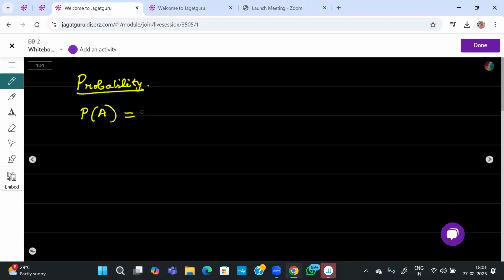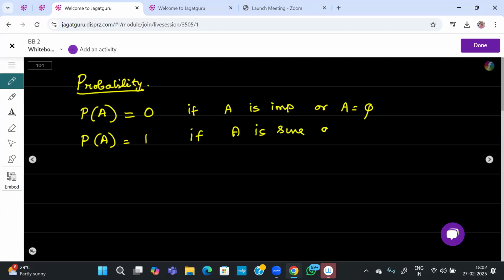Suppose you want the probability of an event A. We can say P(A) is 0 if A is impossible, or if A is nothing but the null set. Similarly, P(A) will be 1 if A is a sure event, or if A is the entire sample space. So these are very, very primitive ideas.